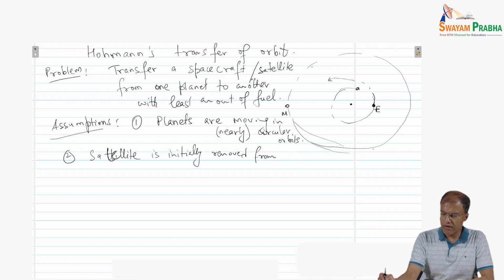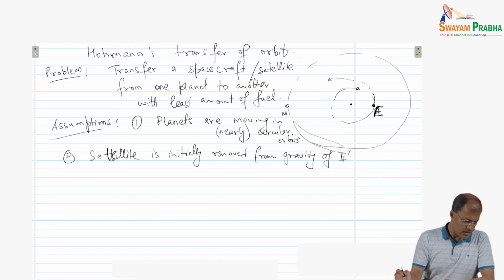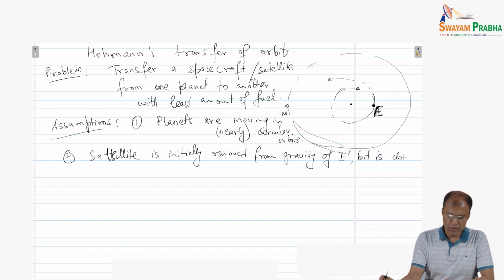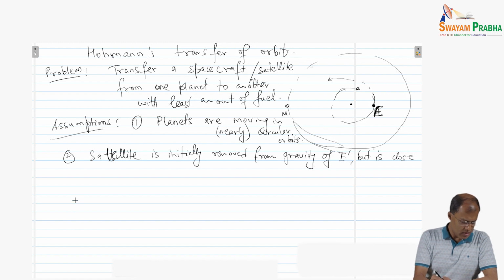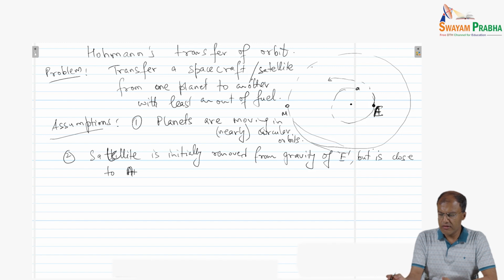Let me call this object A, and, well, let us keep it as E and M. So the satellite is initially removed from the gravity of Earth, E, but is close to A, right? So it is there right at the surface of the Earth when it is being removed, right?